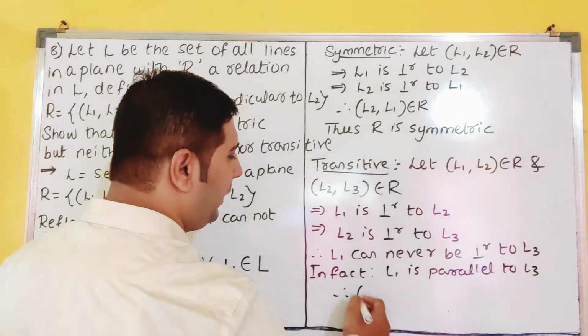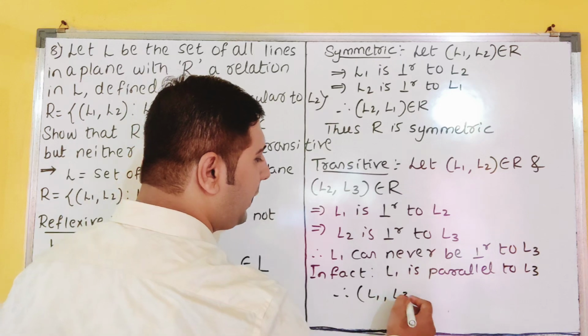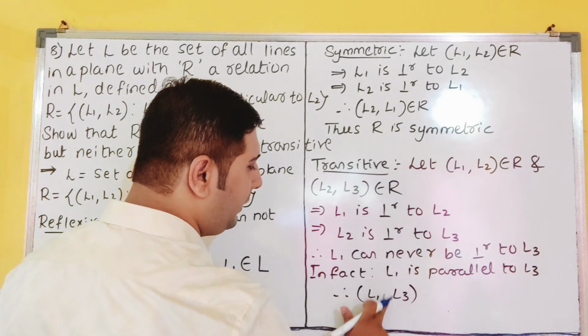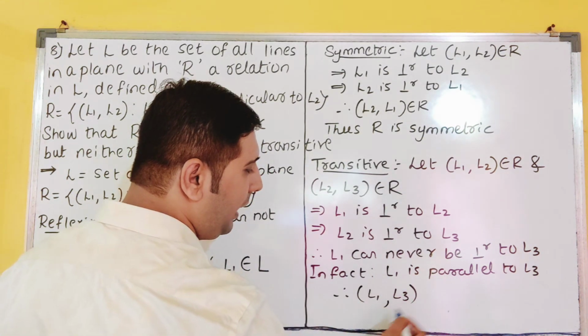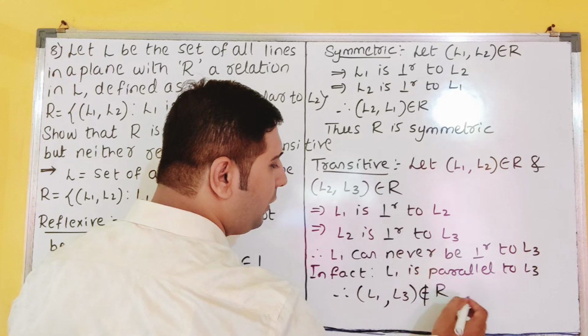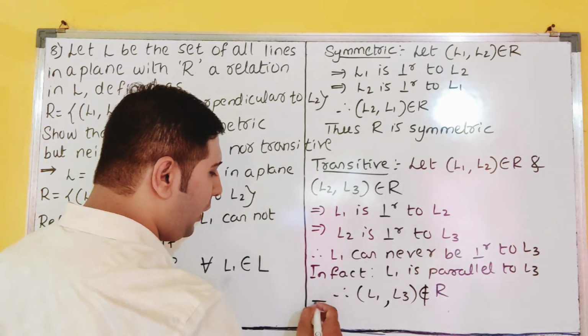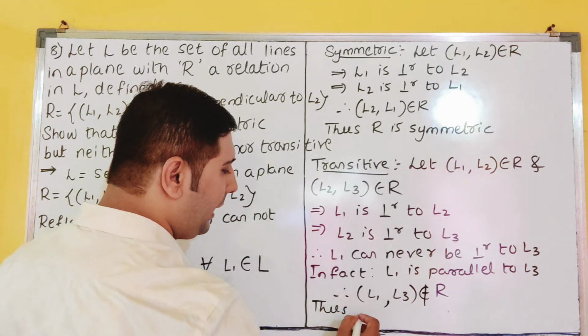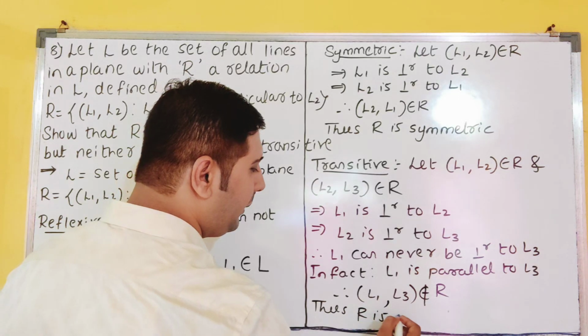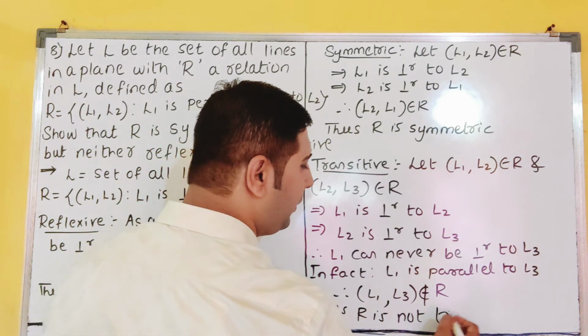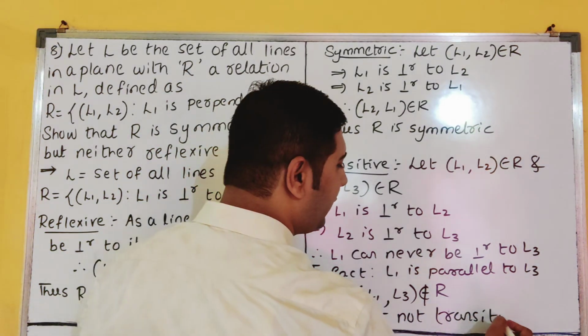So therefore (L1, L3) does not belong to R. Therefore, what you can say, thus R is not transitive. R is not transitive.